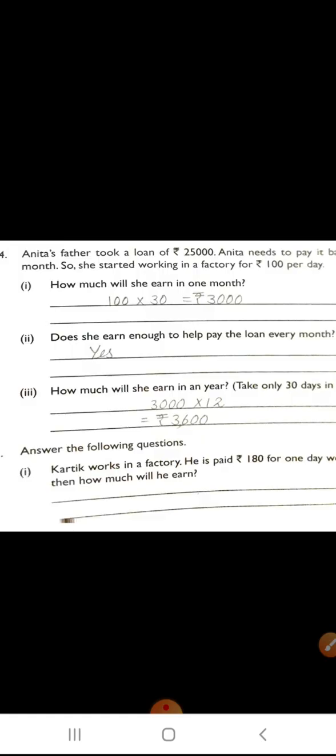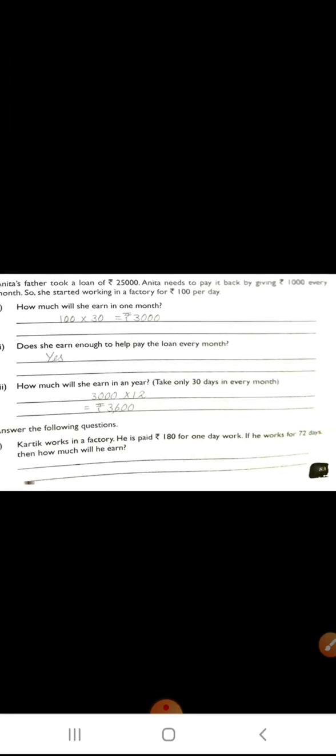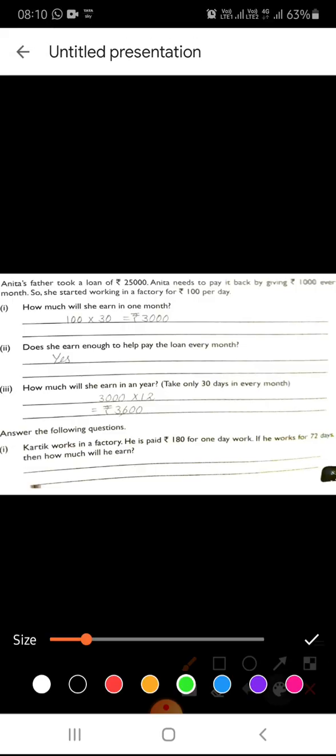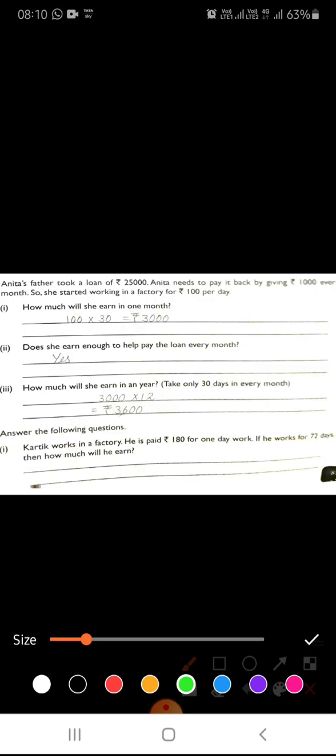Let's discuss. Now the question is, Anita's father took a loan of 25,000. Anita needs to pay it back by giving 1,000 every month.